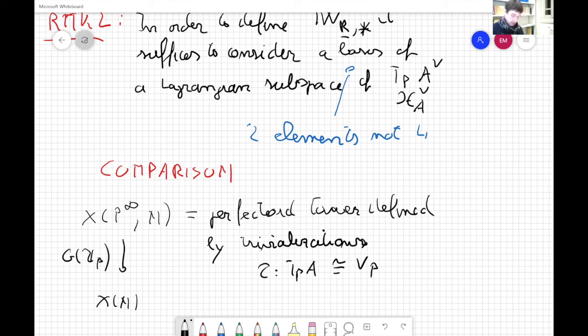So it's a profinite Kummer-etale cover, if you want, that classifies such isomorphism.